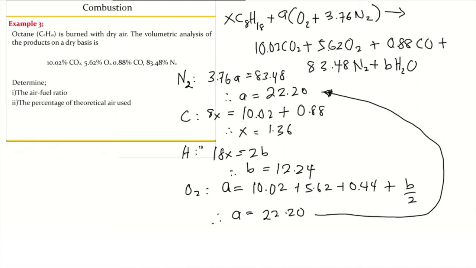Now we know all the unknowns: A equals 22.20, x equals 1.36, and B equals 12.24. What we are going to do next is substitute all these unknowns into the main equation.